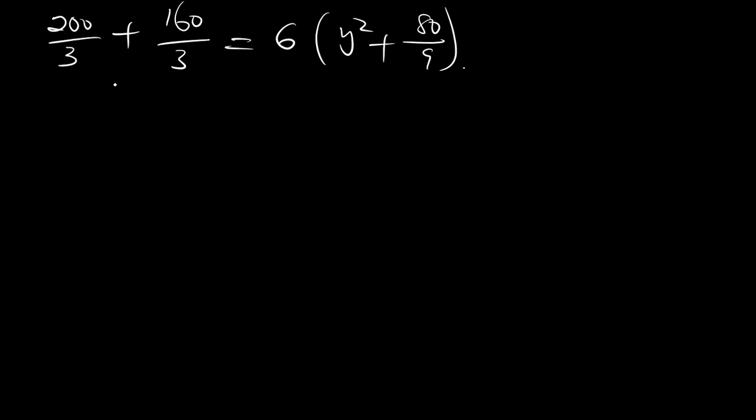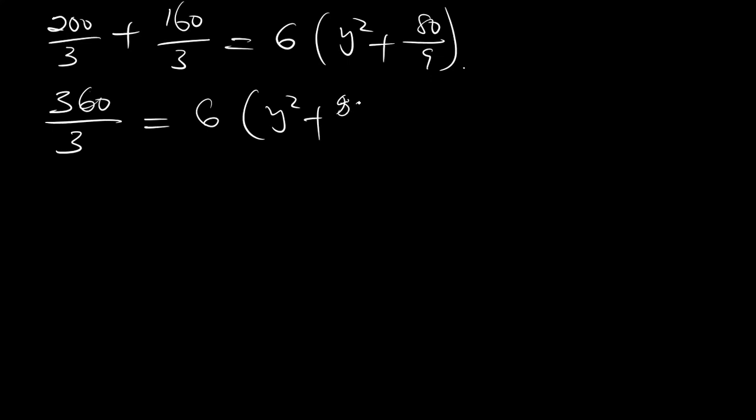Since the denominators are the same, we add the numerators. So you have 360 divided by 3 equal to 6 into y squared plus 80 over 9. Divide both sides by 6. This 6 will cancel.